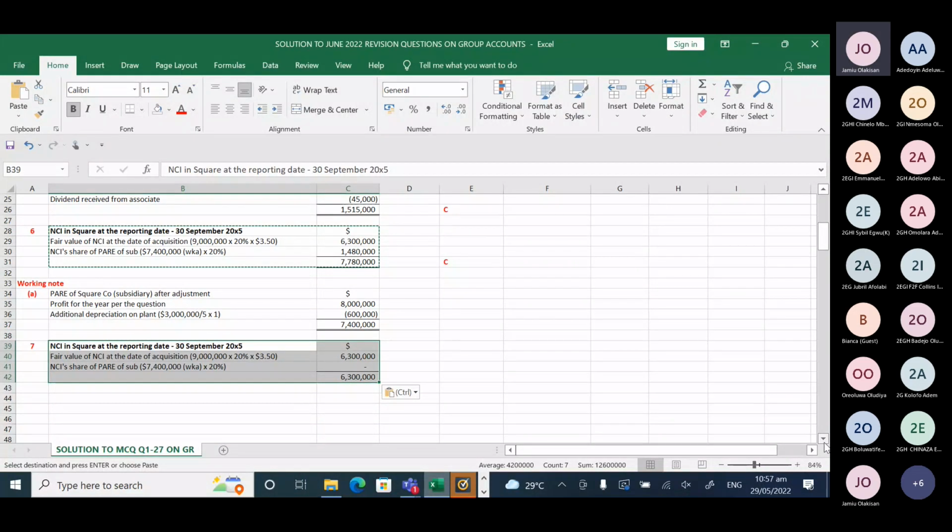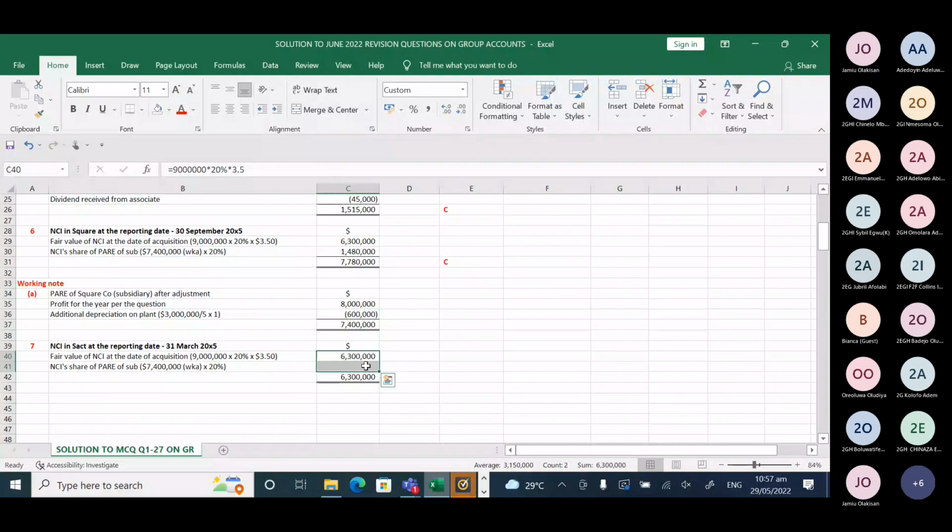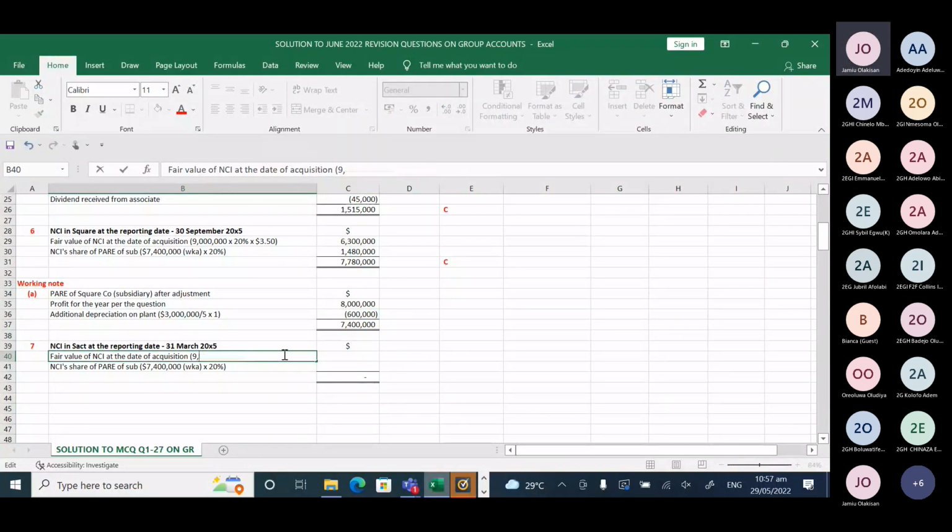And I will change the date to 31st March 20x5. And I will change the name of the company to SACT. And I will change the figures until I'm able to figure out its own figures.